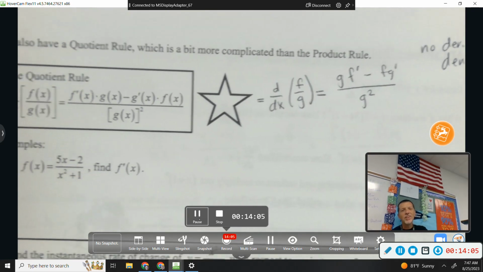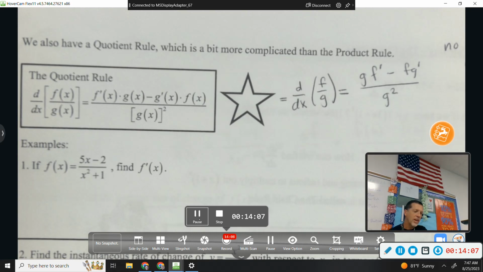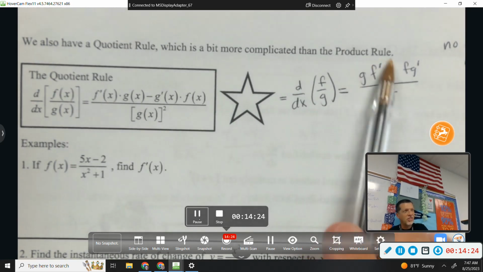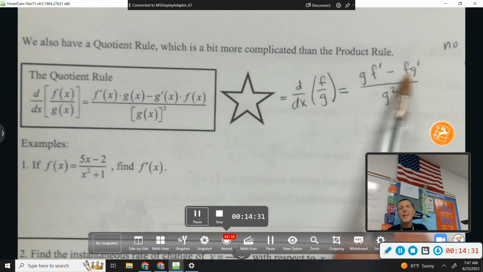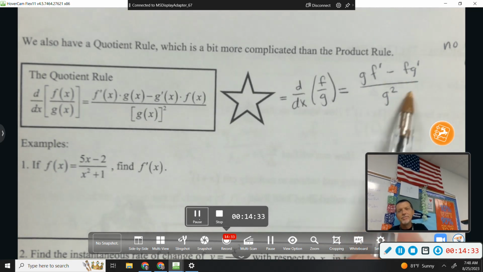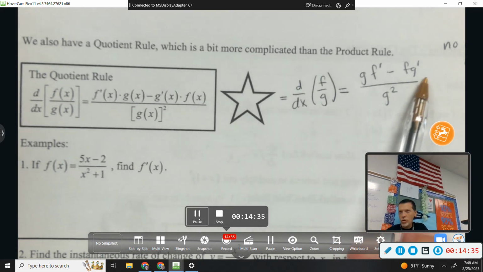If you want your high school relationships to work, and here's the other thing about the quotient rule: the girls have an intuitive feel for the quotient rule more so than the guys, because if you want your high school relationship to work, and if you want the quotient rule to work, the GF has to come first, right? Groan, smile, whatever.